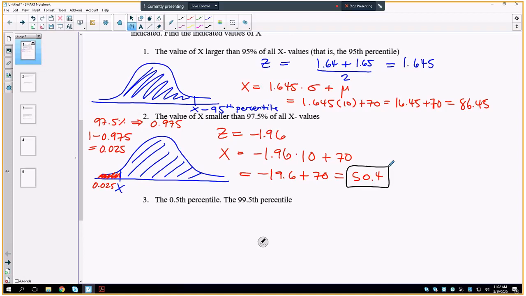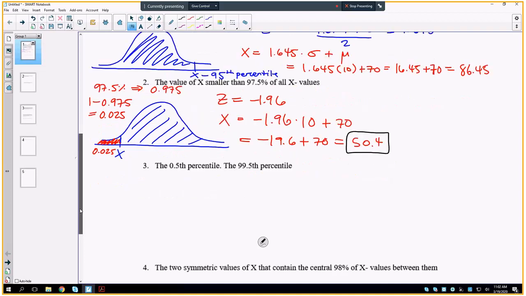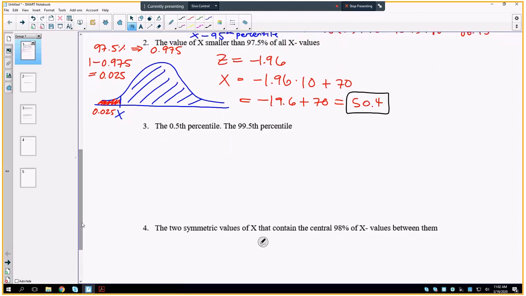How about the 99.5th percentile? Okay, so we're looking for, let's draw our curve again. I would recommend that drawing the picture should pretty much always be your first step, because this is going to allow you to understand what you need to look for in the table.